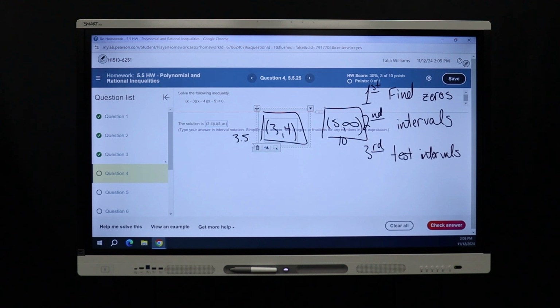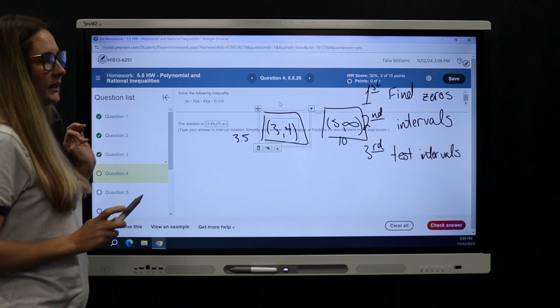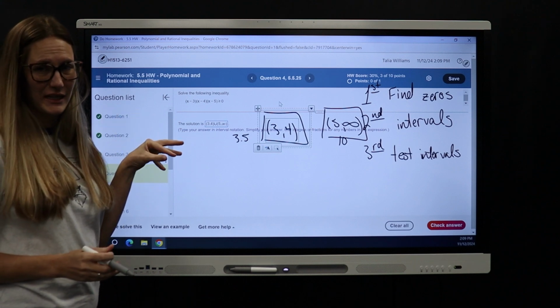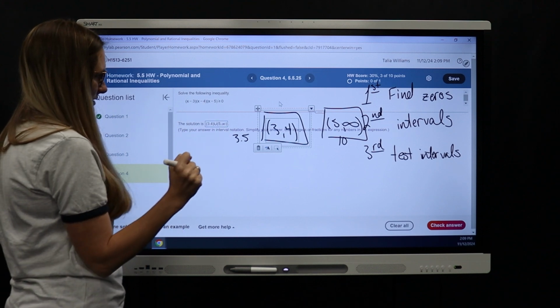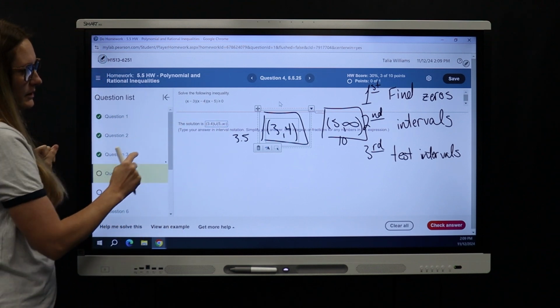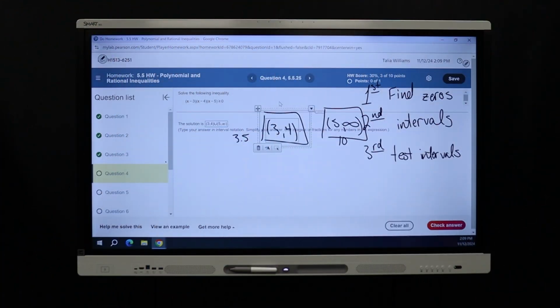Oh, okay, let me tell you what I did. We did all of our math right. Don't worry about that part. This problem has that greater than or equal to, and if you remember way back when, if it's equal to, we use brackets. So I need to change my parentheses with my numbers to brackets for my interval notation because it can equal 0.